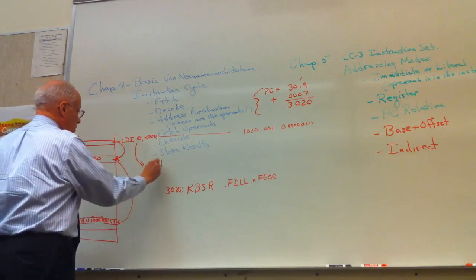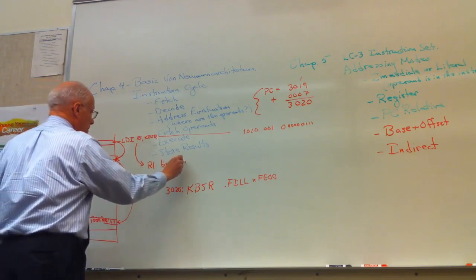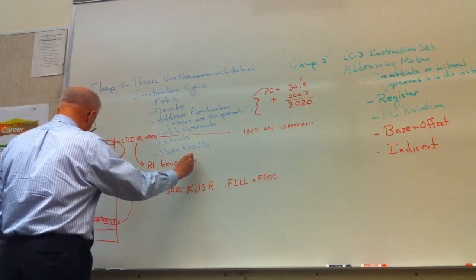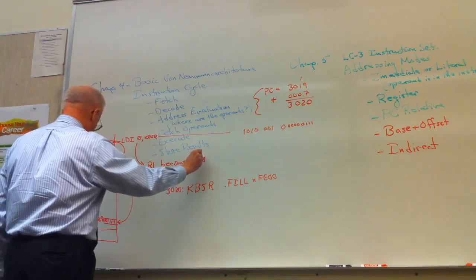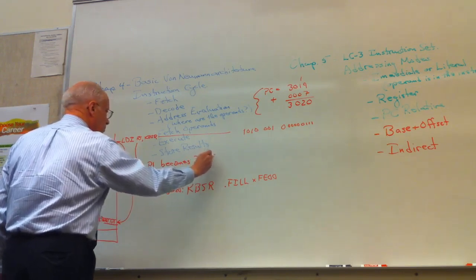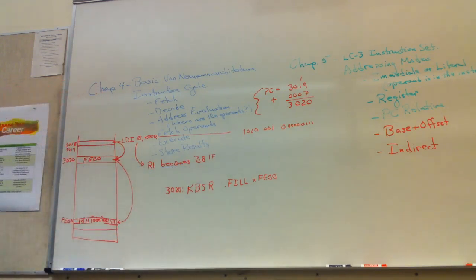So it says look in the keyboard status register at 3018, and then 3018 adds something to tell it to look at 3020, and then 3020 tells it to look at FE00, and then FE00 is loaded into register 1. I think you had one extra step in there.